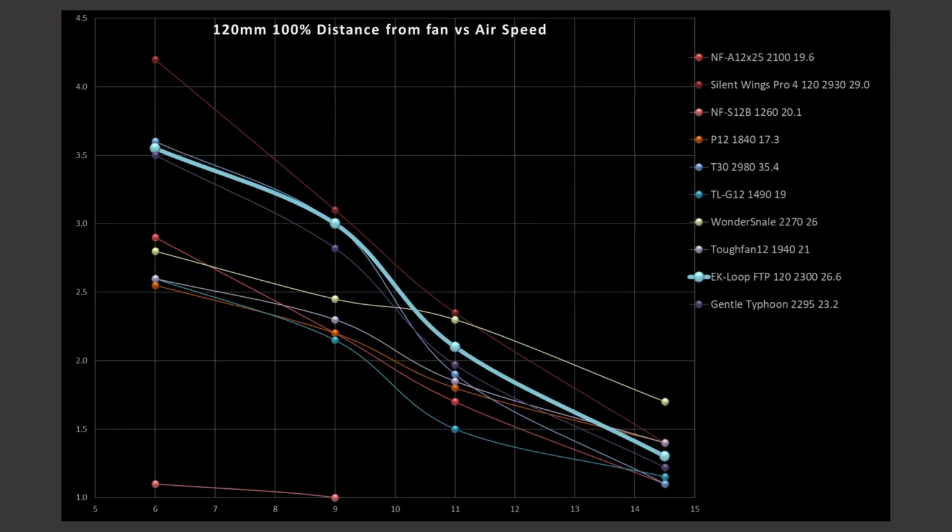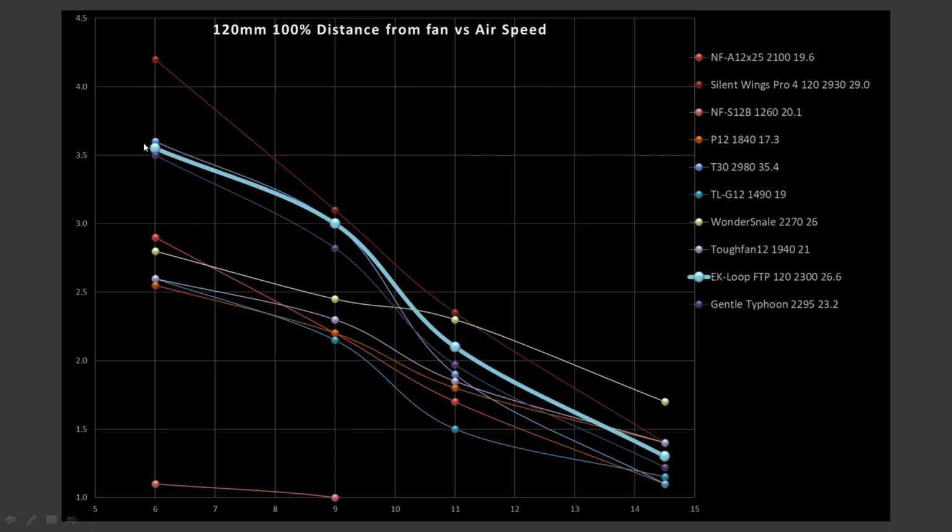But how about 100% PWM fan signaling? Because it's good to look at, well, everything. Well, the Silent Wings 4 Pro now takes off and is in the top position. The T30 is also doing quite well, although I must admit that it is there by brute force and is very noisy for it. So RPM and noise, 35.4 decibels with the way I'm doing decibel readings. The Gentle Typhoon is in an excellent position, sort of the bottom end of the very best performing fans.